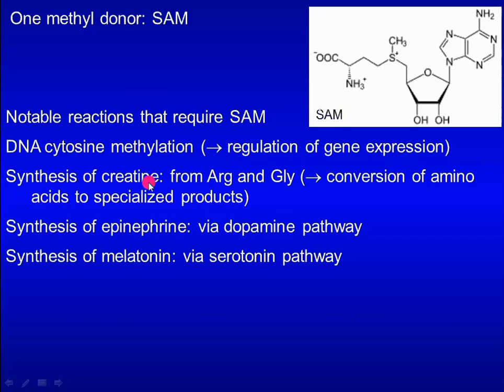Synthesis of creatine from arginine and glycine. This will be covered in the lecture Conversion of amino acid to specialized products. Synthesis of epinephrine through dopamine pathway. And synthesis of melatonin through serotonin pathway.